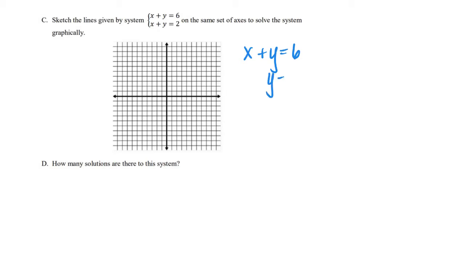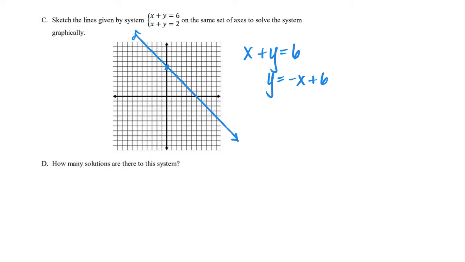So I have y is equal to negative x plus 6. Starting again with my y-intercept, which is a 6, and my slope again is going to be negative 1. Using a straight edge to draw it, the line that connects those points is going to look like that.